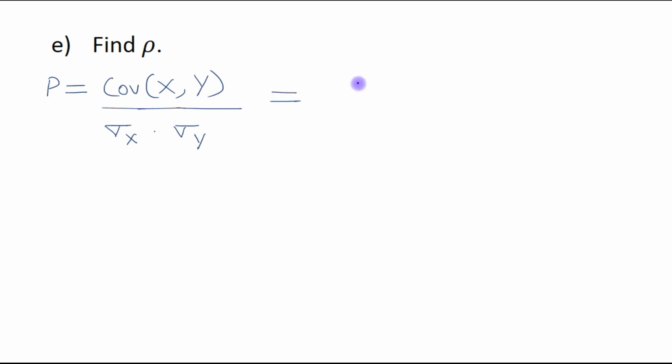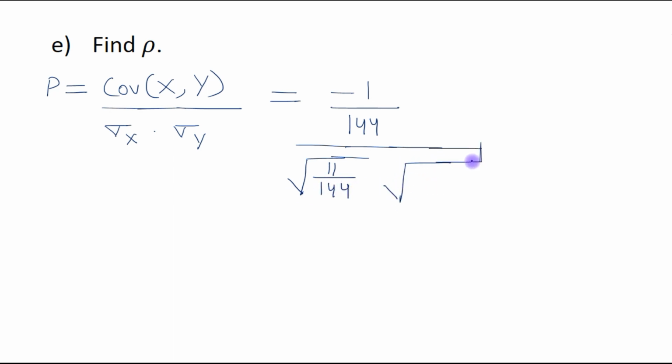Covariance between x and y is calculated as minus 1 upon 144 whole upon standard deviation of x is under root variance of x, which is 11 upon 144, and in the same way standard deviation of y is 11 upon 144 under root.